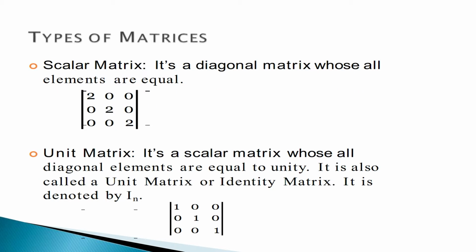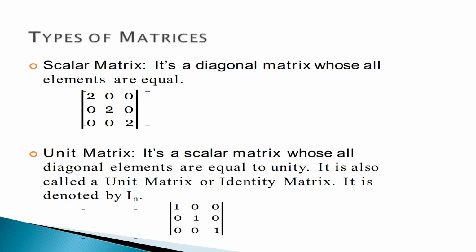Next is scalar matrix. A diagonal matrix whose leading diagonal elements are equal is a scalar matrix. Here is an example of a scalar matrix: 2, 0, 0, 0, 2, 0, 0, 0, 2. Next, what is a unit matrix? In a scalar matrix, if the leading diagonal elements are unity, then it is called a unit matrix or identity matrix. It is denoted by In.